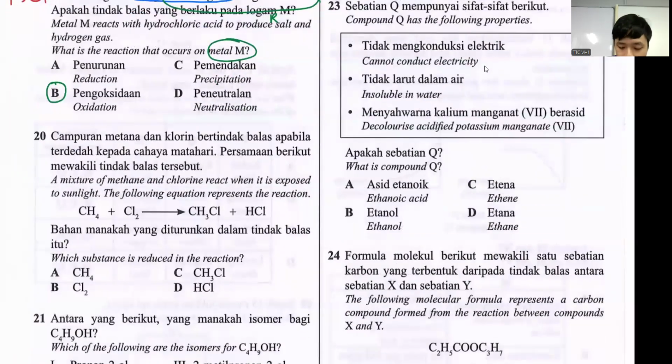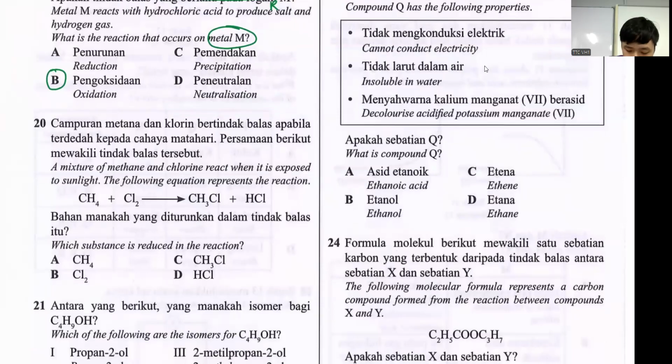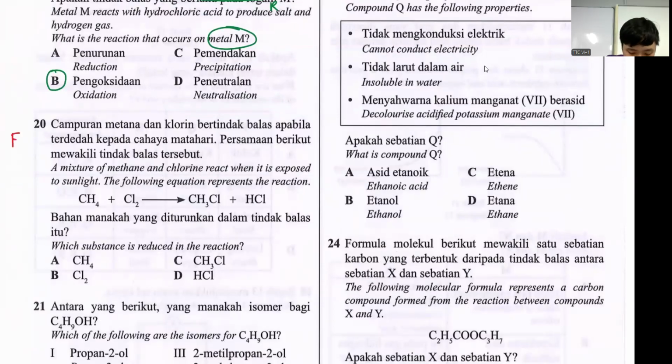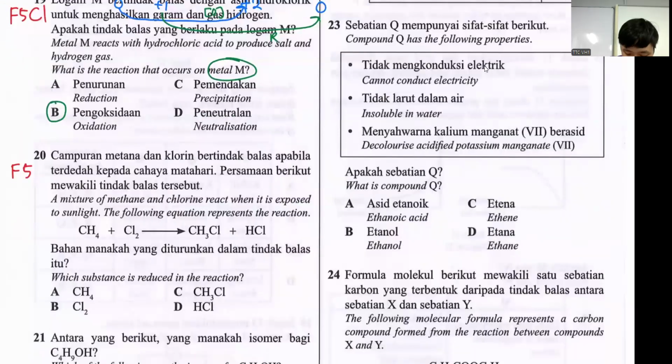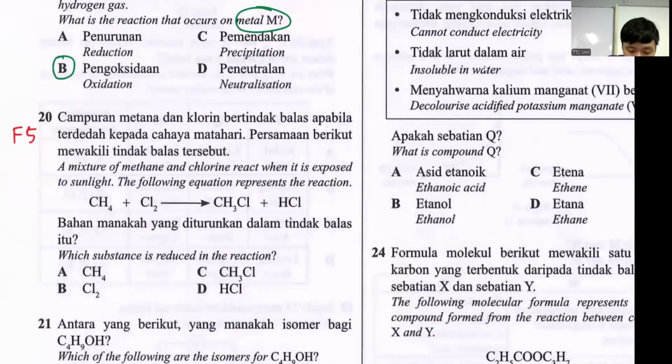Okay, question 20. This is from chapter 1 also. So, a mixture of methane and chlorine reacts when it is exposed to sunlight.